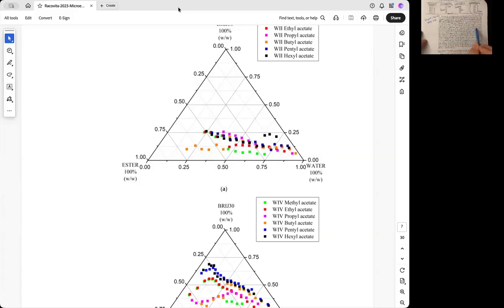All right, so "clearly, although butyl acetate yielded the largest Windsor 2 domain, already noted, this domain is delimited by high-lying Windsor 2 and Windsor 4 curves." Right. That is, it requires high amounts of surfactant to form. "The same is true for the other longer chain alkyl esters, pentyl and hexyl.